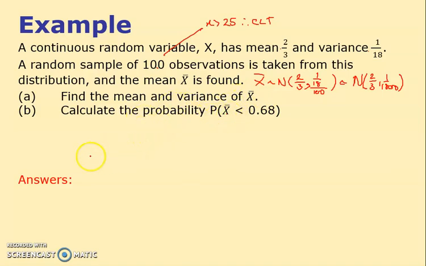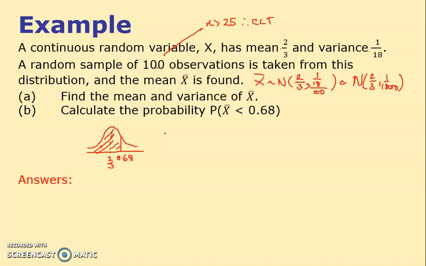And the probability then, again, I think this is just a normal distribution where I'm expecting to get 2/3 as my mean, which is obviously 0.666, and they're saying what's the probability it's less than 0.68, which is slightly on this side. And I want less than, so I think I need this probability. That's what I'm finding. So again, I go to my calculator and I type in the lower value, and this time that's negative 99999. 0.68 is my upper bound.